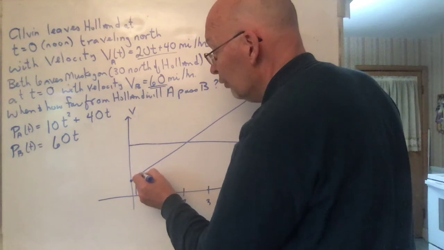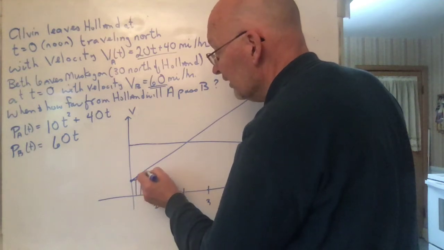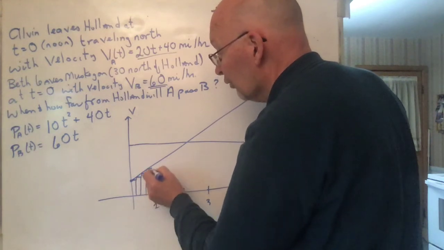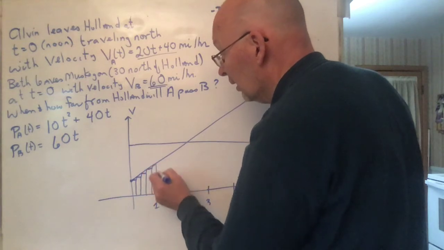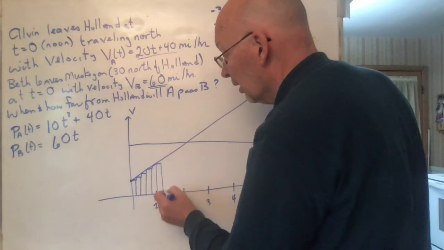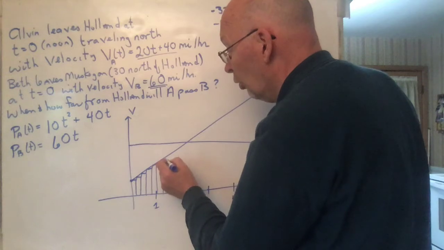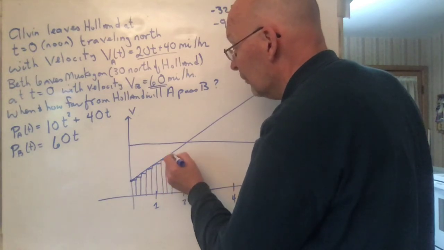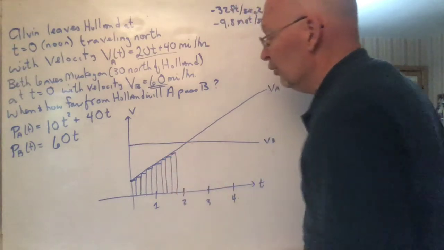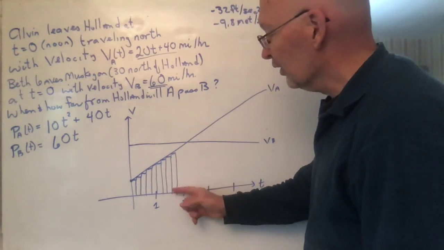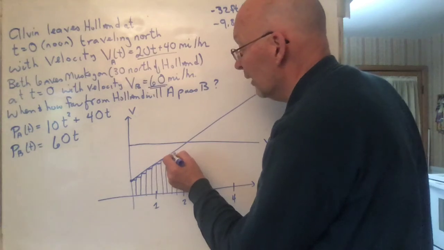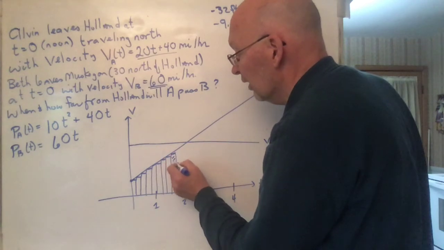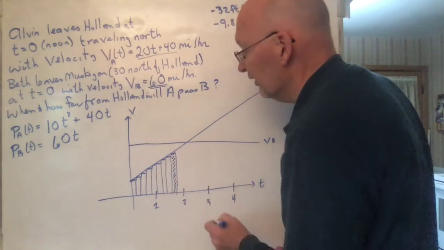You do that every few minutes, and every time you do it, you're effectively forming a whole bunch of little rectangles. See that? Every time you ask the speed and you use that speed to say, well, if we go at that speed for this next 10 minutes, how far will we have traveled? You're effectively finding the area underneath that.